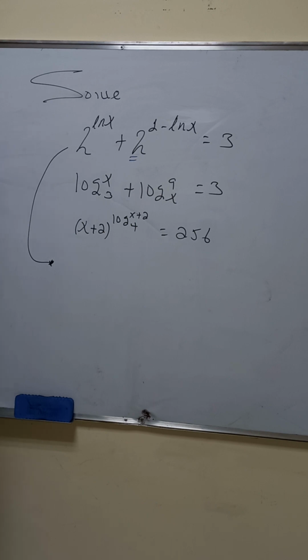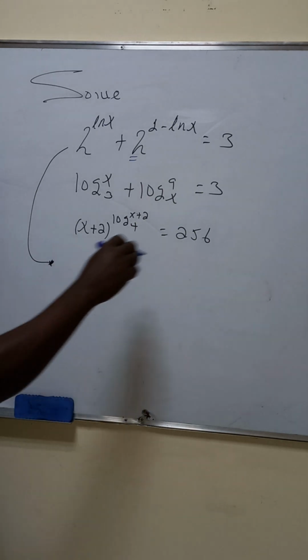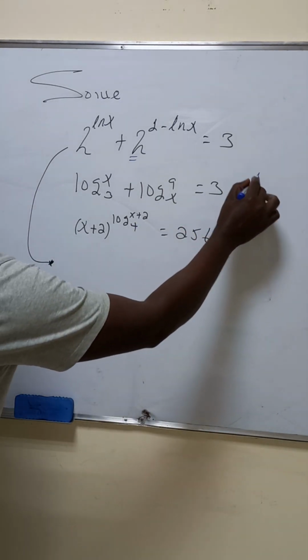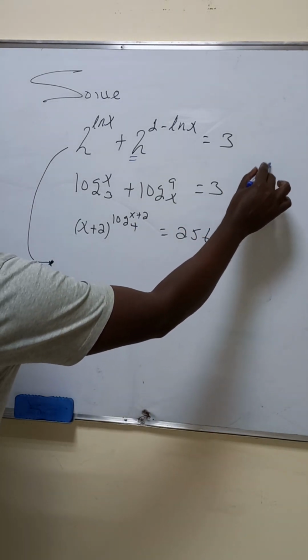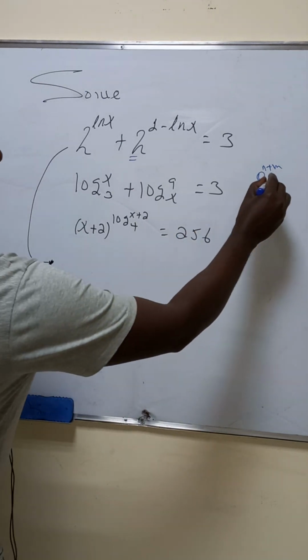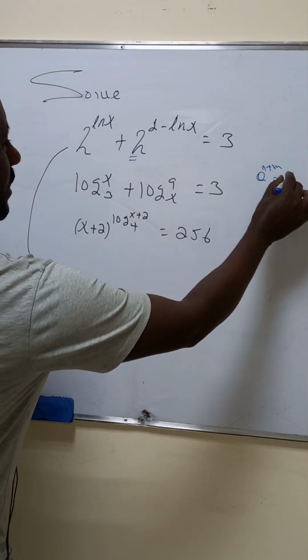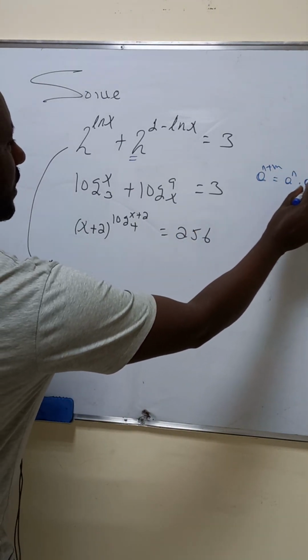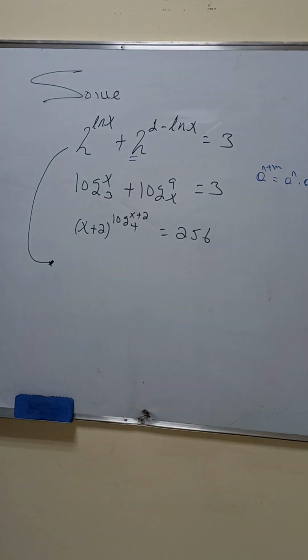To describe this, the very important point that you have to remember are these techniques. For example, a raised n plus m, generally, according to the exponential law, is written as a raised n times a raised m. If two exponential expressions have the same base, we can directly add their exponents.